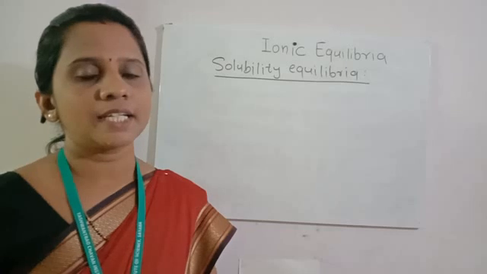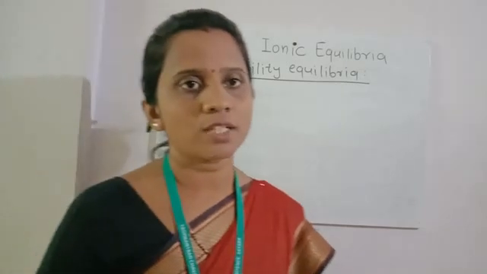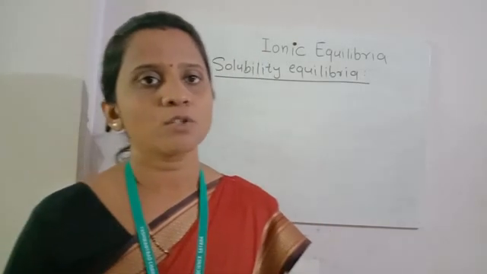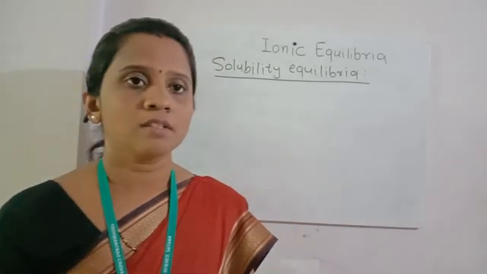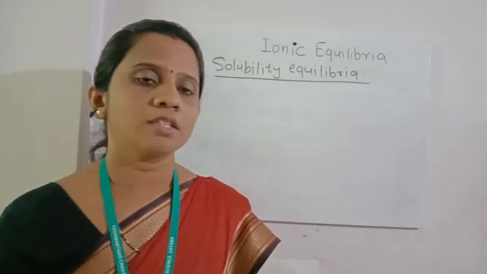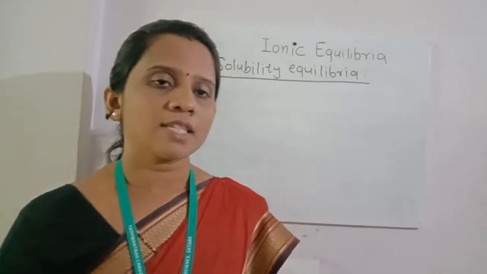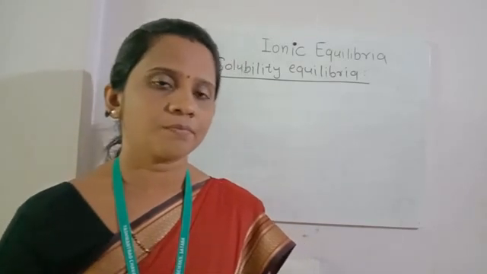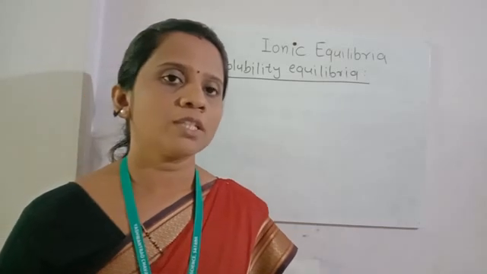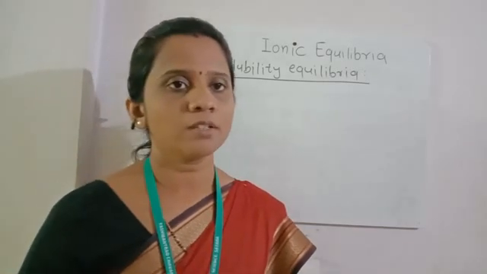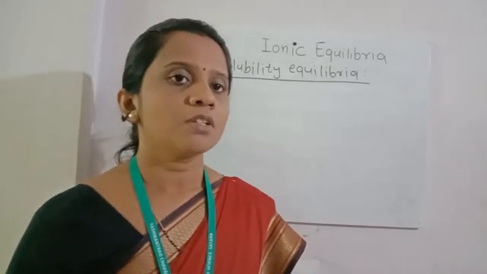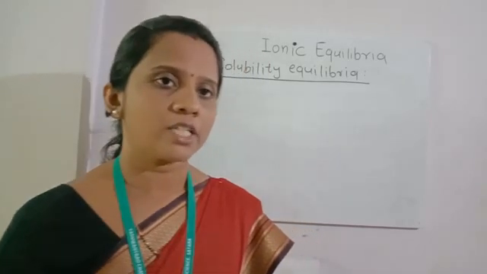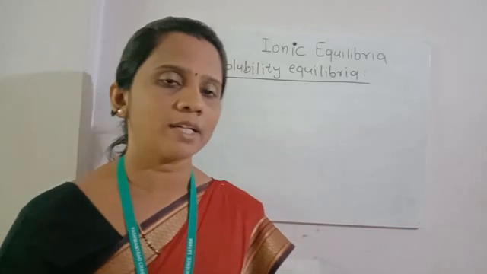For solubility equilibria, we are going to consider sparingly soluble salts. What are sparingly soluble salts? That means these salts dissolve to a lesser extent in water. That means all the molecules are not dissolved in water. Few molecules remain undissociated. An example for this is AgCl, that is silver chloride.